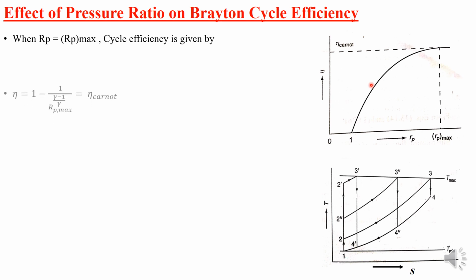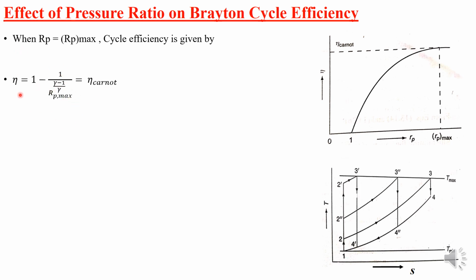RP max of the cycle is given by the Brayton cycle efficiency, 1 minus 1 divided by RP to the power gamma minus 1 by gamma, the actual efficiency. But when RP is maximum, efficiency will be maximum, that is nothing but Carnot cycle efficiency. So you can compare this with the Carnot efficiency.